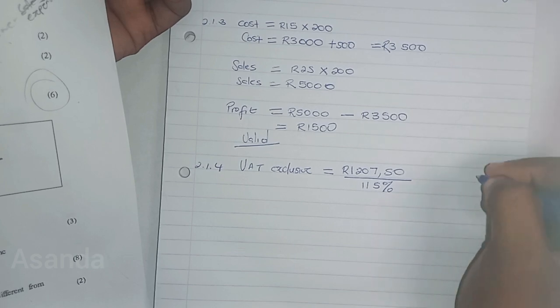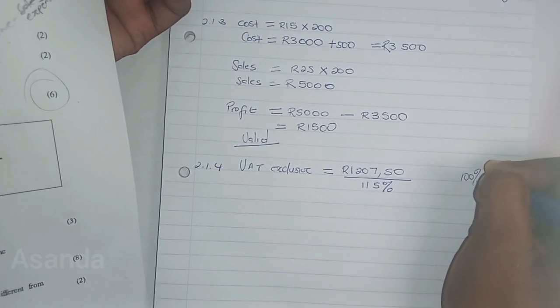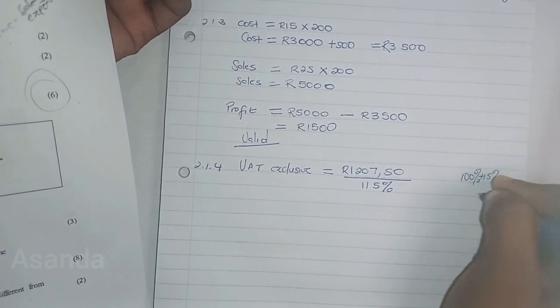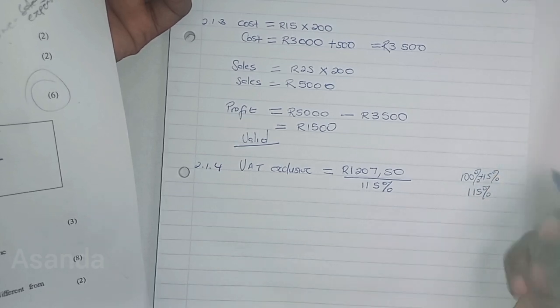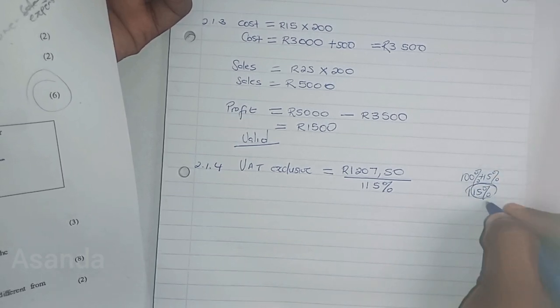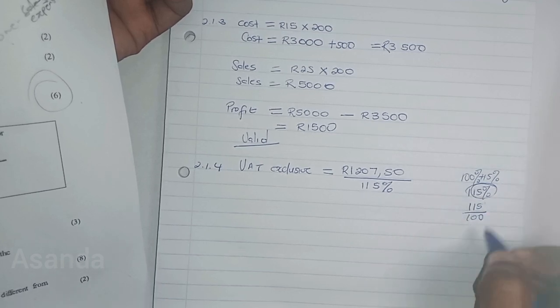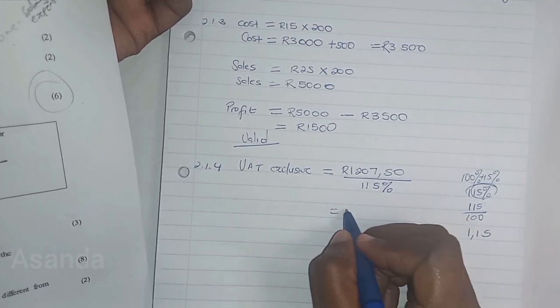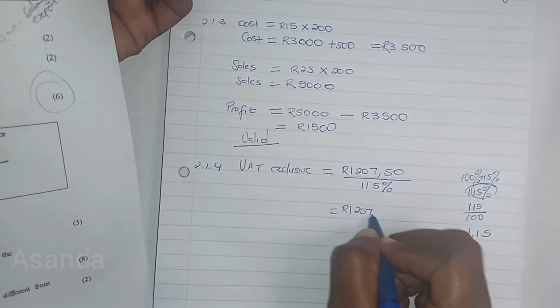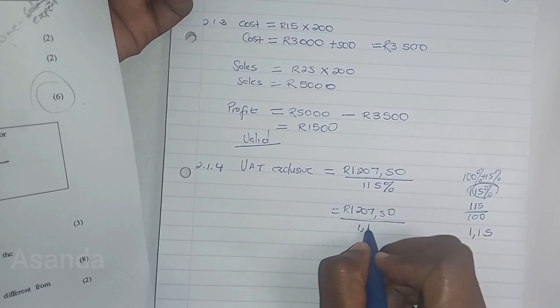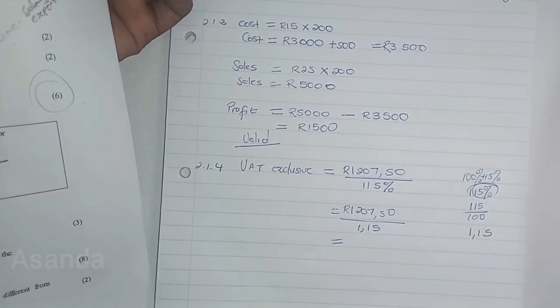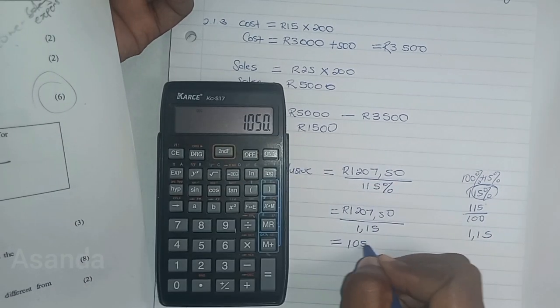115%, right? So this is VAT: original price plus 15%, and then the VAT inclusive price is 115%. It's 15% more, and therefore this is actually 115 over 100, because a percentage can be written as a fraction. If you divide this on a calculator, you get 1.15. Therefore, what it means is that we're going to take this amount and divide by 1.15, which gives 1,050 exclusive of VAT.